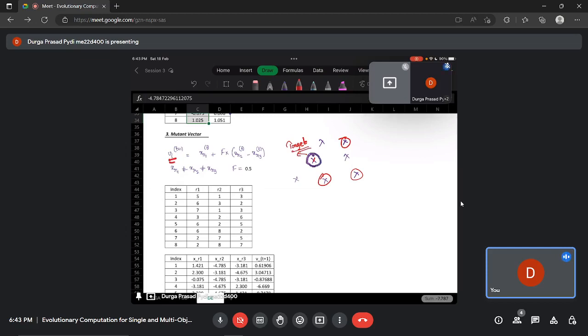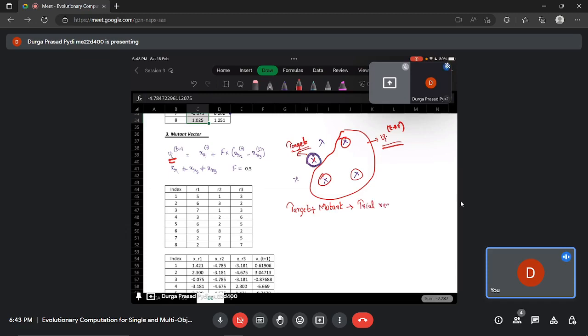So using all these 3 vectors, you generate some vector called vi of t plus 1. This is your mutant vector. You add the mutant vector to the target vector, so target plus mutant vector gives you what is called the trial vector.